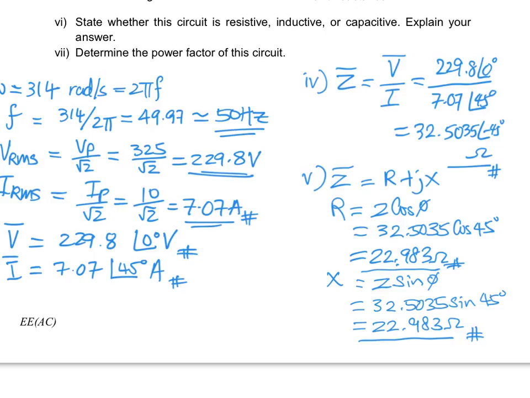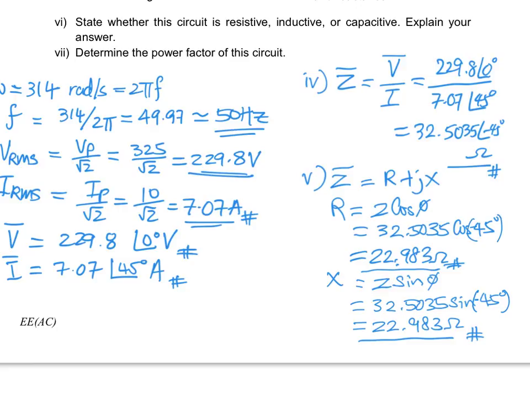Right, notice that actually we have a negative 45 there. Negative 45 here. So I should be writing a negative sign there too, and here should be negative 45 degrees as well.